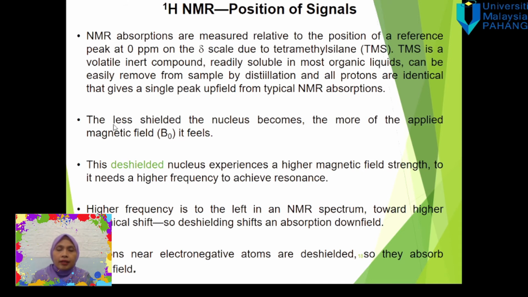Why is the compound known as less shielded? I'll give you an example. Less shielded means the nucleus has fewer electrons around it, so it can feel the magnetic field more.